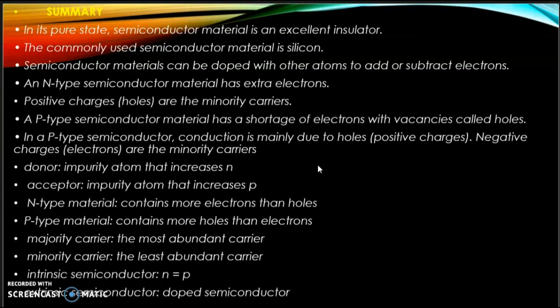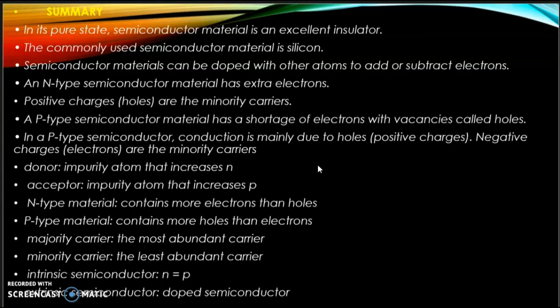And we said p-type semiconductors are a type of extrinsic semiconductor that has a shortage of electrons. That is, they have more holes than electrons. So in p-type semiconductors, we say the holes are majority carriers and they carry a positive charge. And we talked about what a donor is.